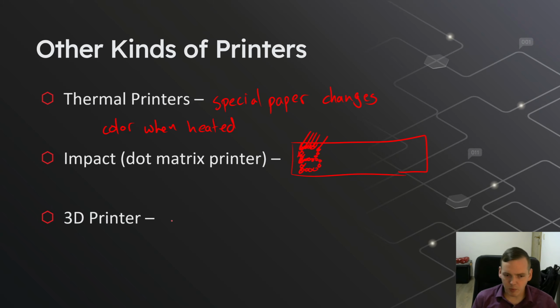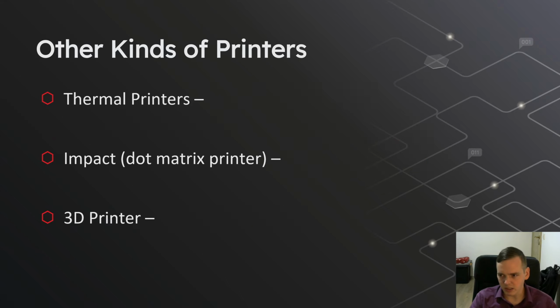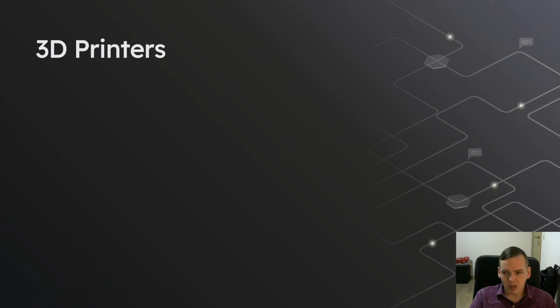And then lastly, a 3D printer, this just creates 3D objects. So this uses some sort of material and produces 3D objects. Really briefly, I want to talk about the two types of 3D printers. The first is going to be extrusion.